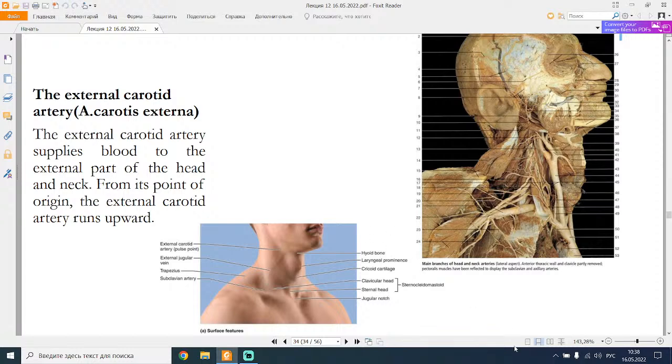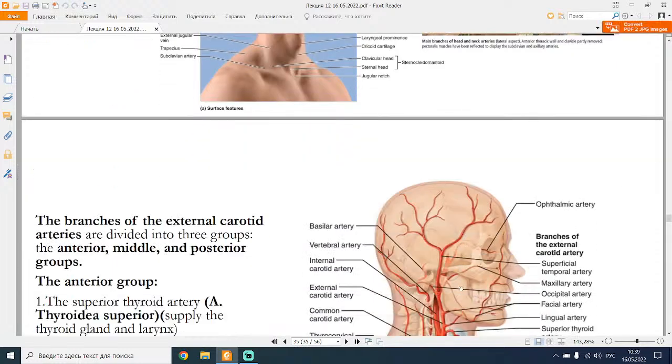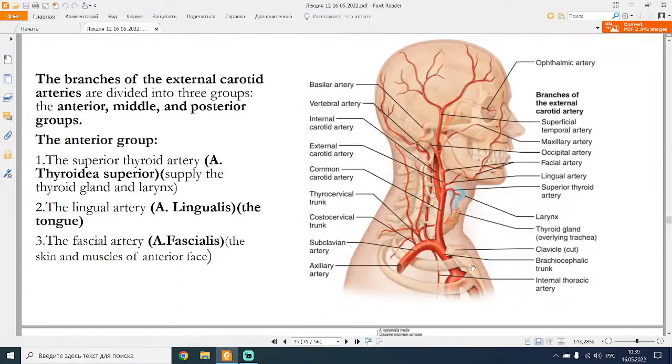From its point of origin, the external carotid artery runs upward. What do you see?